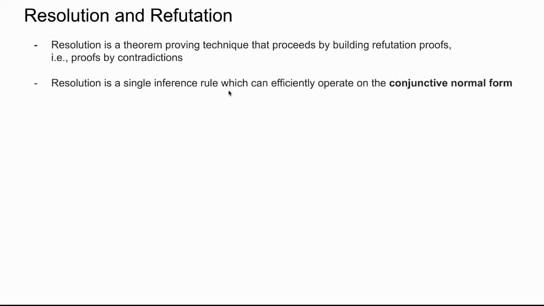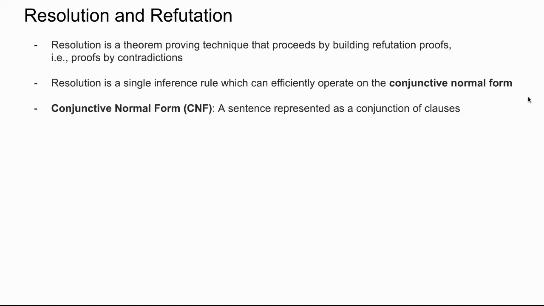Resolution is a single inference rule that can efficiently operate on what is called the conjunctive normal form. We are going to look at some examples of what this conjunctive normal form is, and that will make it very clear, and this is a very simple procedure to follow. A conjunctive normal form, or CNF, is a sentence represented as a conjunction of clauses.